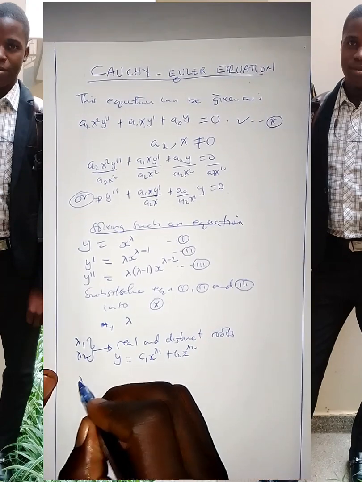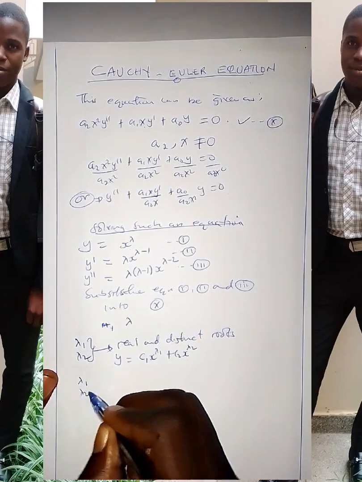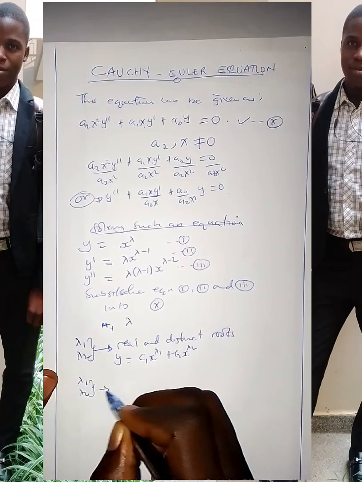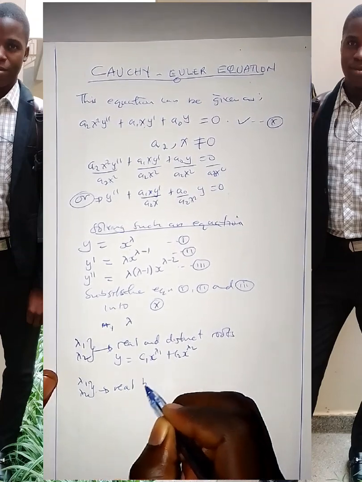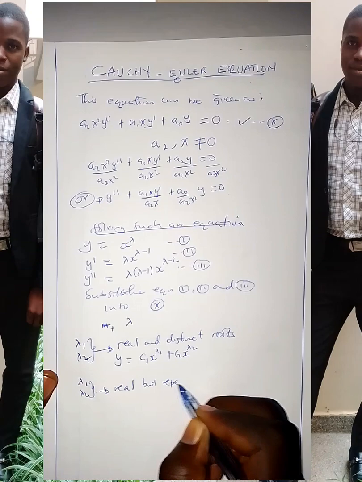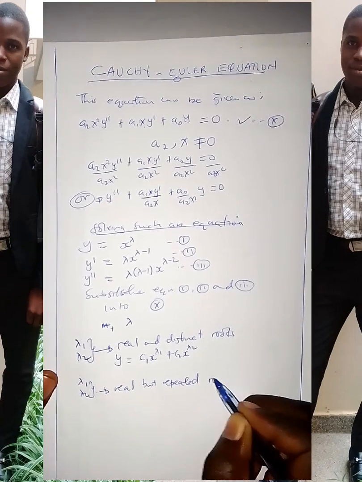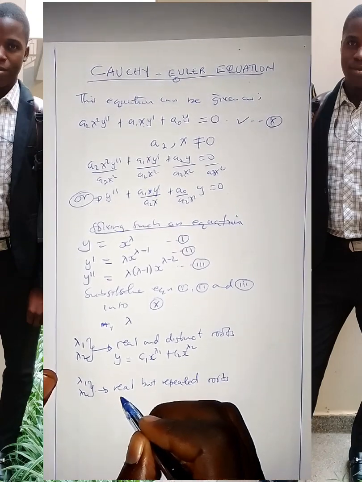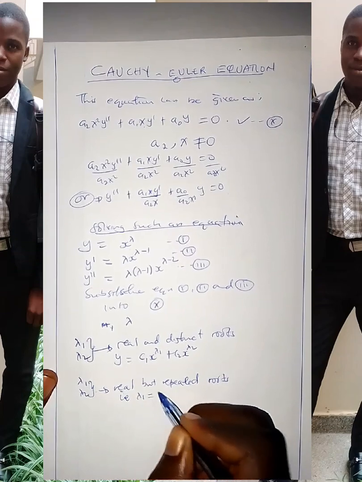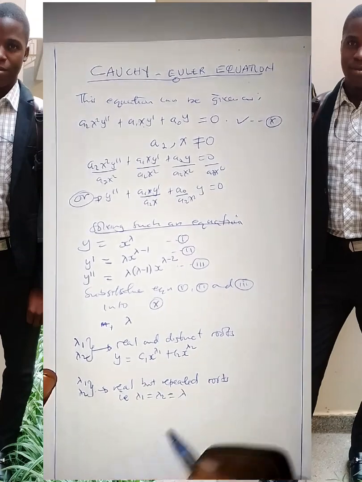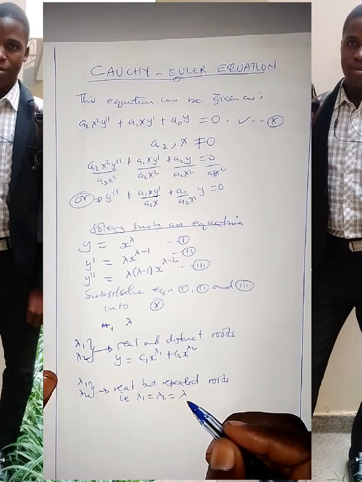Now what happens if lambda 1 and lambda 2 are real but repeated? That is, if lambda 1 is equal to lambda 2, we always generalize it to be lambda in that case.